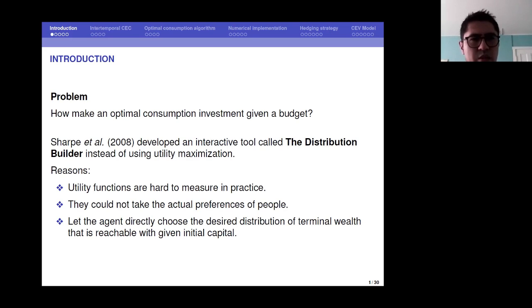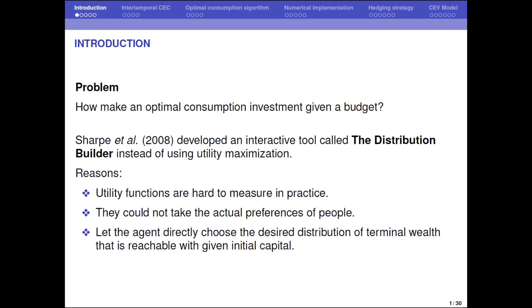The main problem is how to make an optimal consumption investment given a budget. To solve this problem, as a first approximation, Sharpe et al. developed an interactive tool called the Distribution Builder.